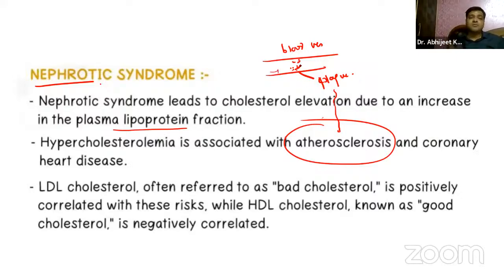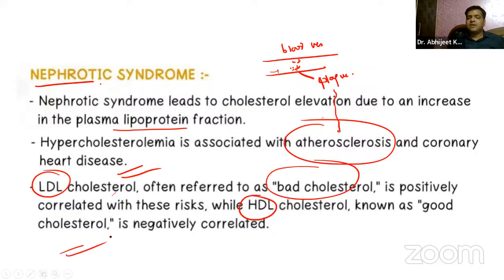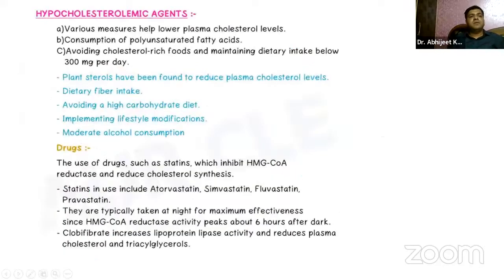Obviously, when the blood flow is obstructed, the kidneys will also get affected. Obviously, the blood reaching the heart will also get affected, so it can result in heart disease as well, right? Low density lipoprotein is called bad cholesterol, right? HDL is called the good cholesterol, right? So, yes.